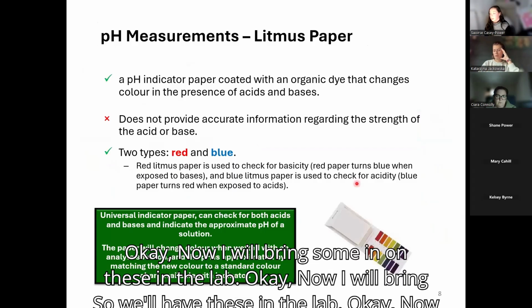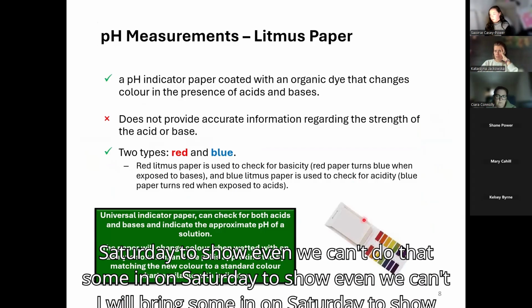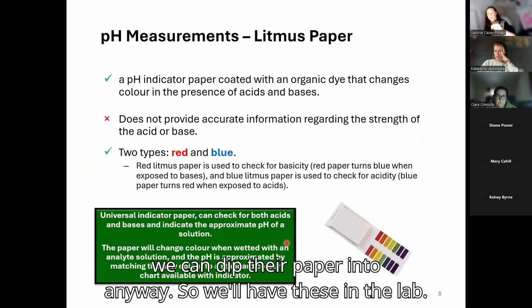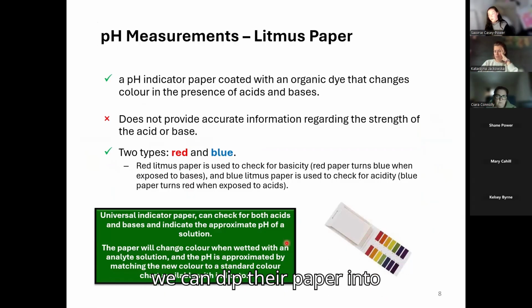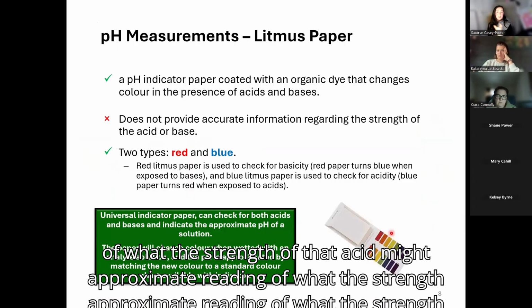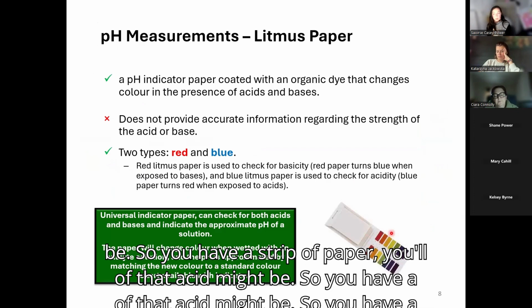We'll have these in the lab, and I will bring some in on Saturday to show you, and we can do that first check. We can dip that paper into solution, and it will give us a very approximate reading of what the strength of that acid might be.